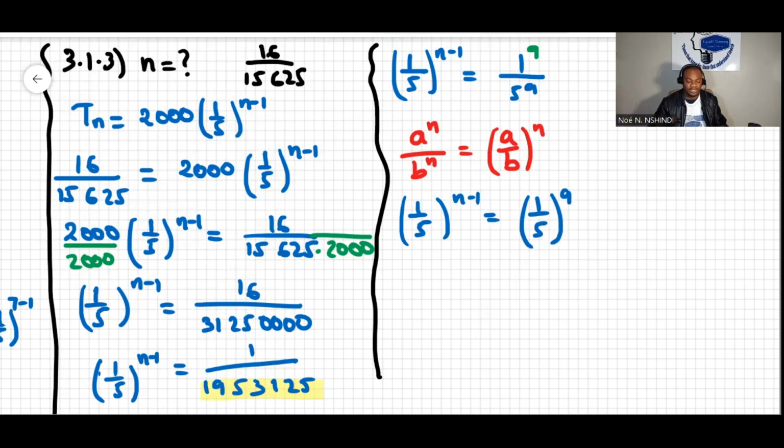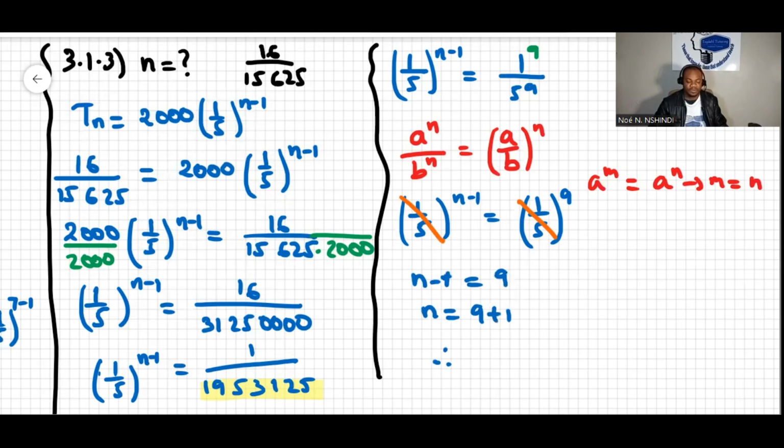Now that the bases are the same, we can just cancel the bases and equate the exponents, according to the law of exponents that says a to the m equals a to the n implies that m equals n. So n minus 1 will be equal to 9. If I move the negative 1 over, I'll have 9 plus 1.